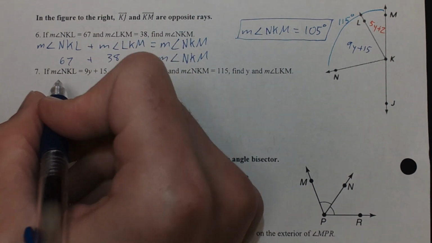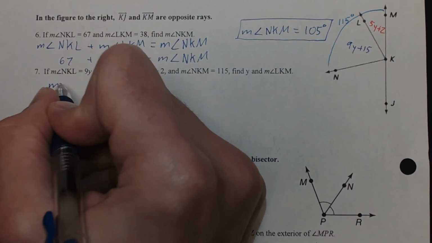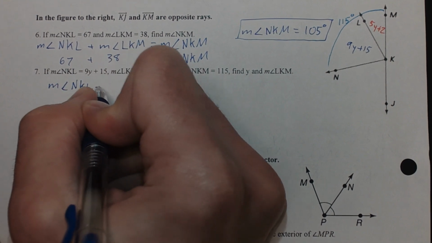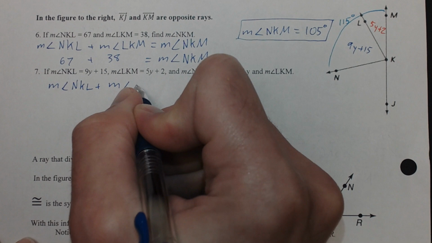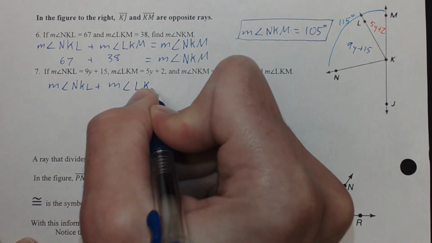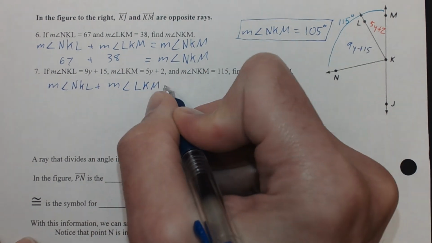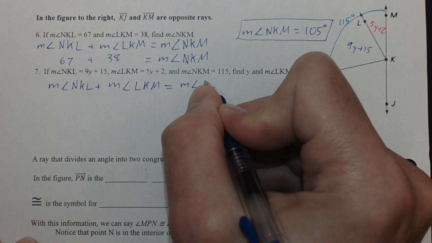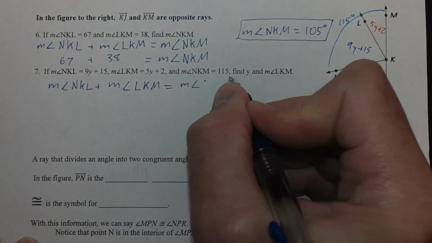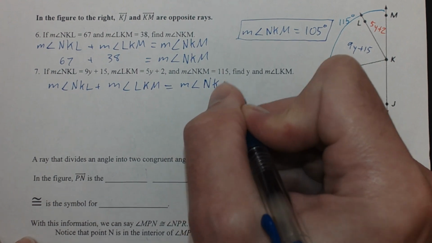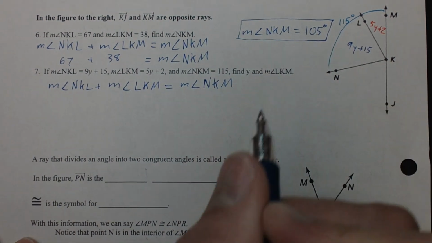So let's write our equation again. The measure of angle NKL plus the measure of angle LKM is equal to the measure of angle NKM.